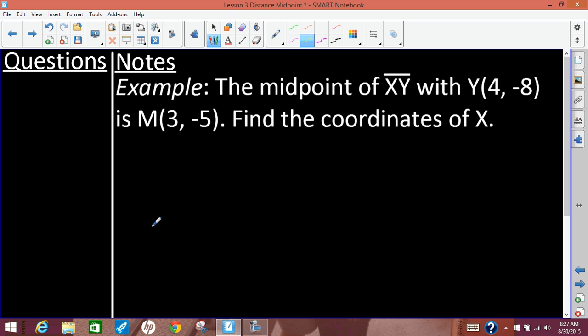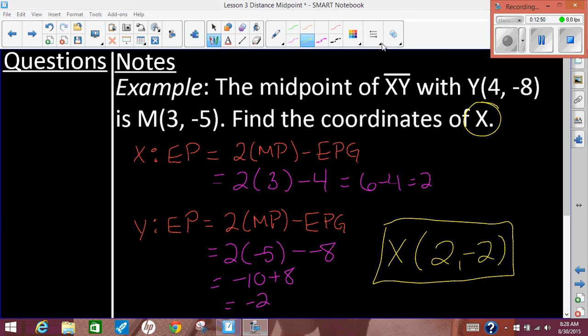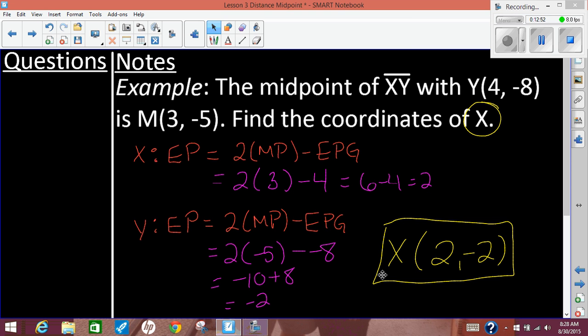Pause here. Do the same thing. Find the coordinates of X. So you should have gotten that the coordinates for X are 2, -2. So the midpoint value for x is 3. Plug that in there. The endpoint that we're given has an x value of 4.